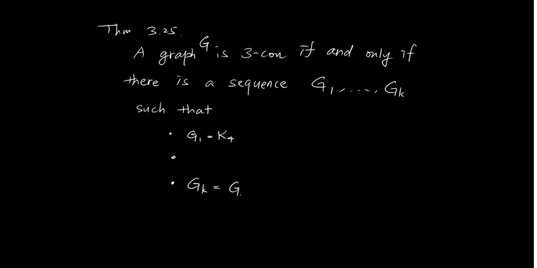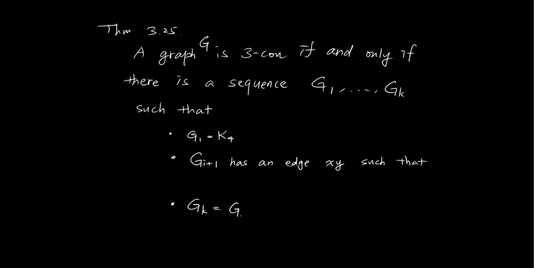The important thing is the building step. Gi+1 has an edge, we call it xy, such that Gi is equal to Gi+1 after doing the contraction of xy.